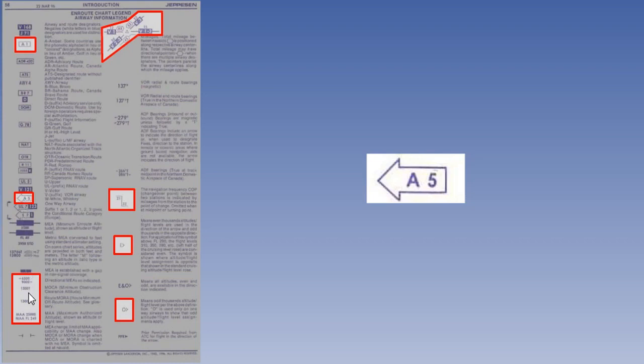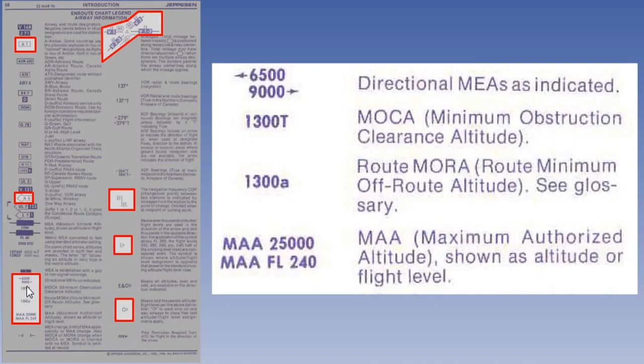Some routes show minimum and maximum usable altitudes, and these can easily be confused. Careful note should be taken of the following. Minimum en route altitudes, MEAs, are 4-figure numbers printed along the alignment of the airway. They may be directional, as shown in the example.